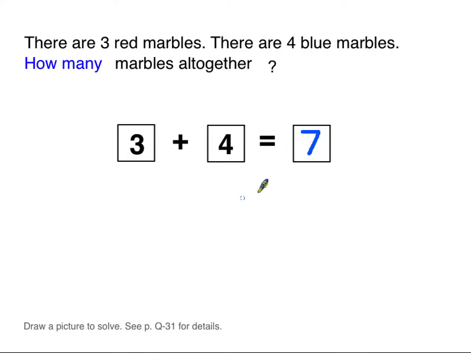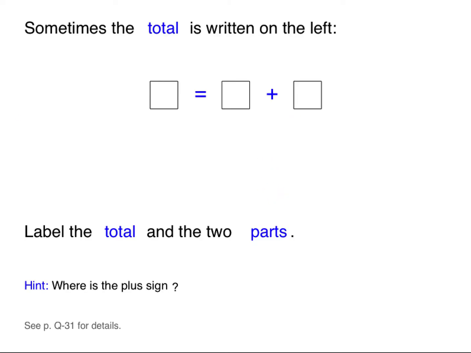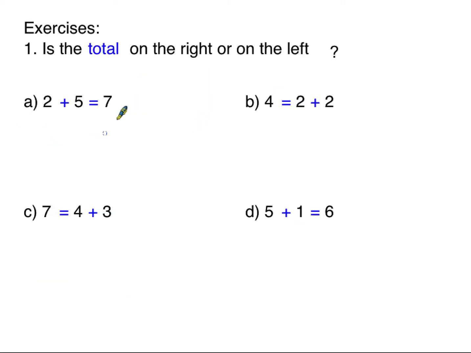So what we have to do is figure out where the numbers go so we can figure out the number in the empty box. And sometimes, just to confuse you, they're going to put the total on the left. Doesn't matter, you still do this number and this one equals that one, even if they put it first. So here, total is over here.